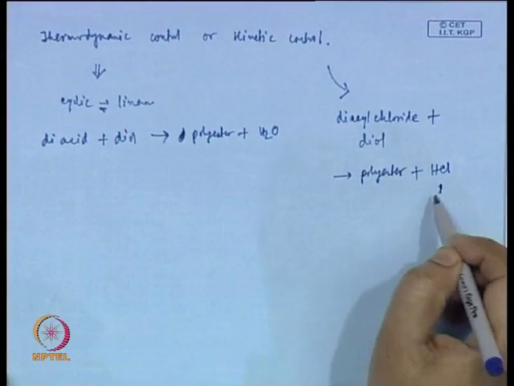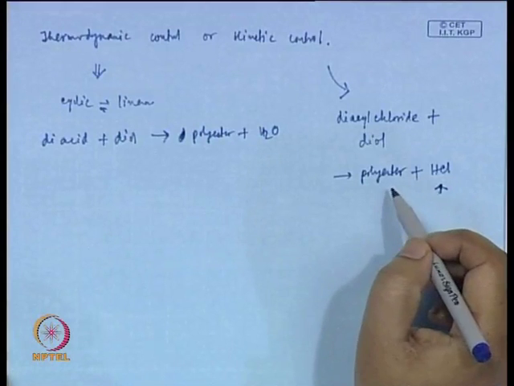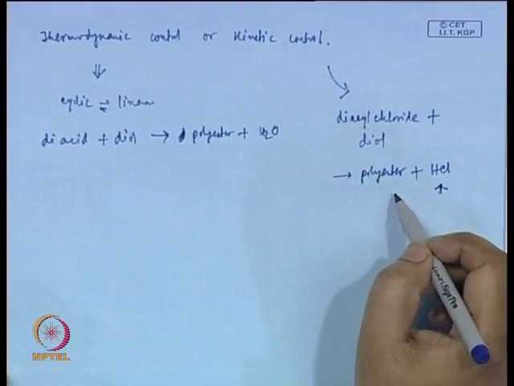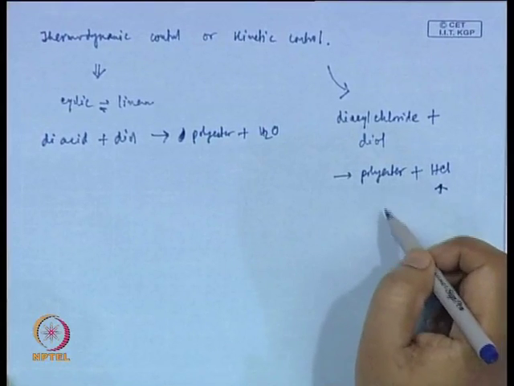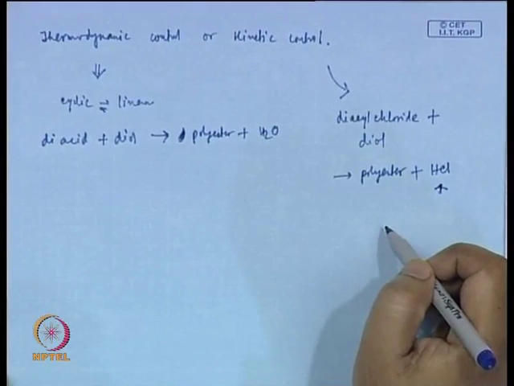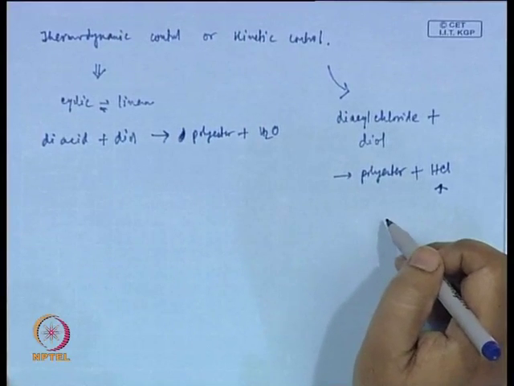Now, HCl does not take part in reaction with the polyester, whether it is a cyclic or linear polyester, which means that in this case there is no equilibrium between the cyclic and the linear polymer molecules.